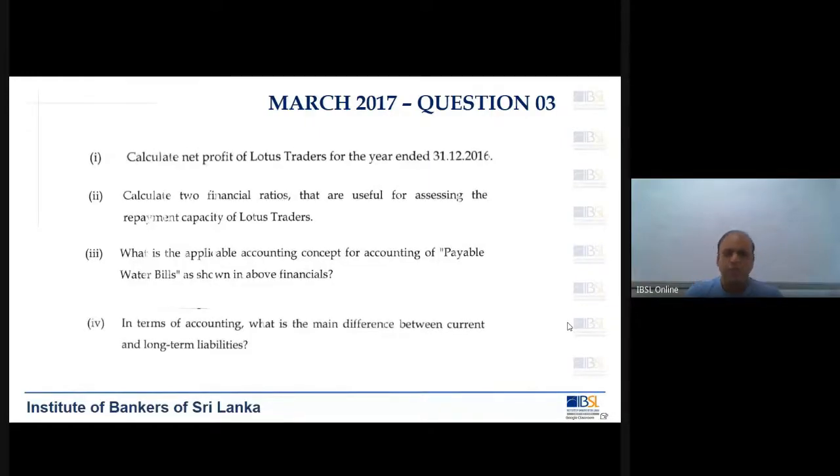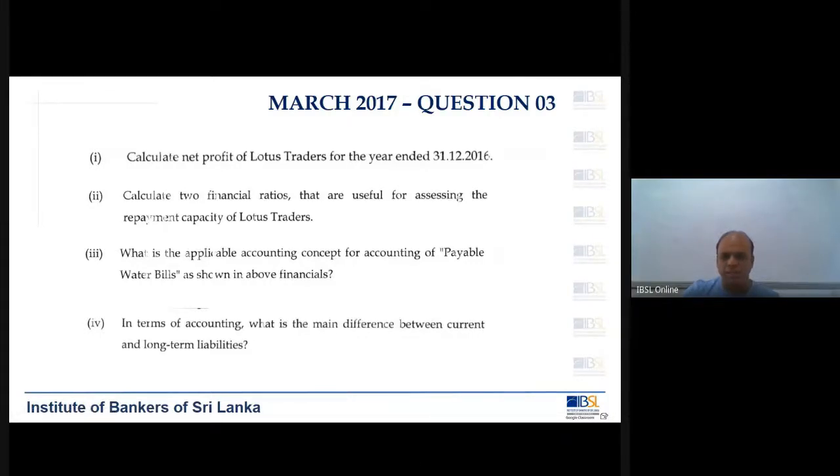Now let us go back and answer the third part first. What is the applicable accounting concept for accounting of payable water bills? So how will the payable water bills come into the financial statements, or because of doing what does it come into the financial statements?